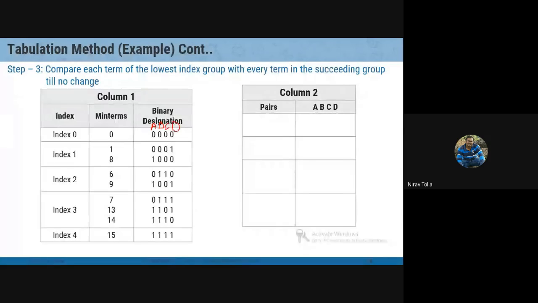So you can see we have to check the succeeding group. So index 0 with index 1. In index 0 we have 0, in index 1 we have 1 and 8. So you can check the binary number. A is 0 for both, B is 0 for both, C is 0 for both, 0 and 1. But D is changing from 0 to 1.